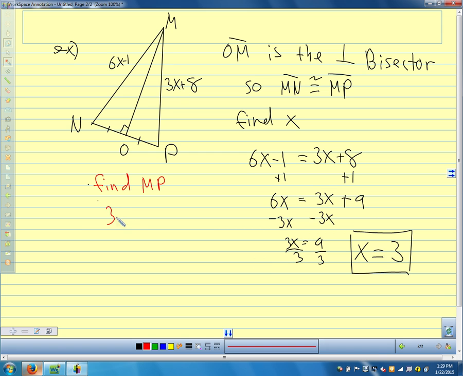So I would say 3 times 3 plus 8. 3 times 3 is 9 plus 8 is 17. And if I plugged it into this expression, what should I get? Should get 17 also. 6 times 3 is 18, minus 1 is 17. So that's the way we can check our answer. All right. We good there?